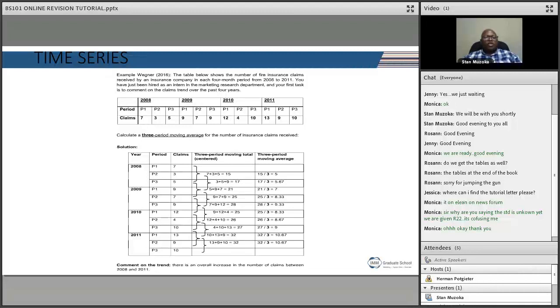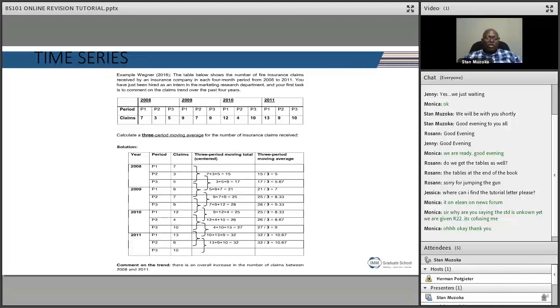You drop the top 7 and you pick 9 at the bottom. So now you say 3 plus 5 plus 9, 17, placed against 5, which is the middle value. You drop 3, you pick up 7, and so on.